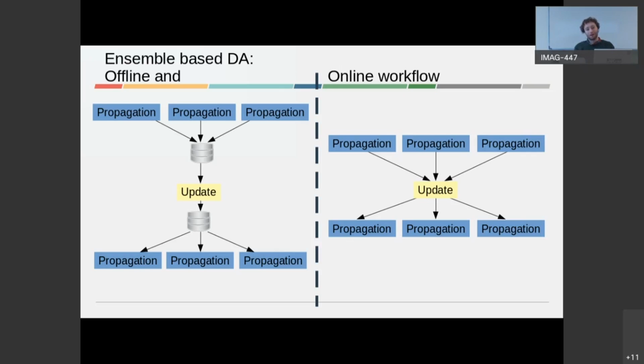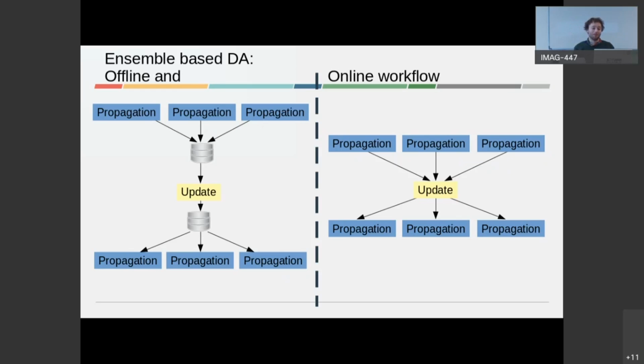When you have all the members propagated, you start another task, another job that is loading the data back from there, and that is doing the update phase, calculating the analysis states using the observations, and you write everything back to files and start the next round of member state propagations.